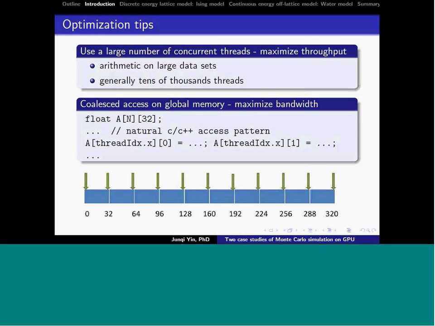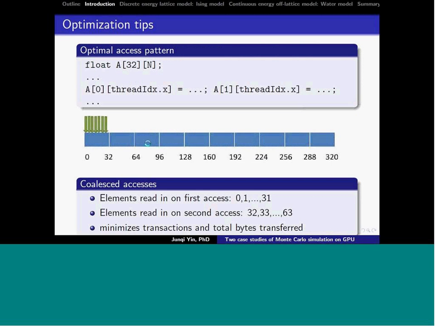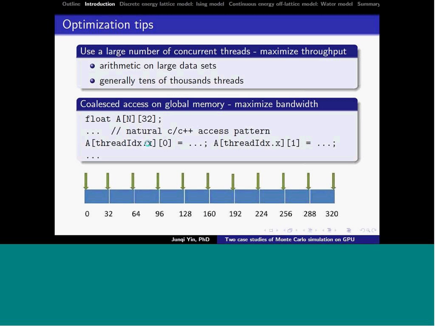For example, let's say a two-dimensional array with 8 rows and 32 columns, and the way to write access for a C or C++ programmer, because C++ is row major, you may want to access the array in this way. So for a certain thread to access the 0 element and the 1 element, let's look at what the access pattern is for CUDA actually on GPU.